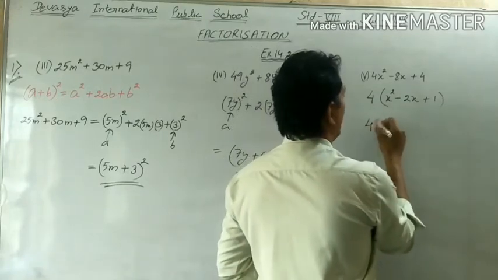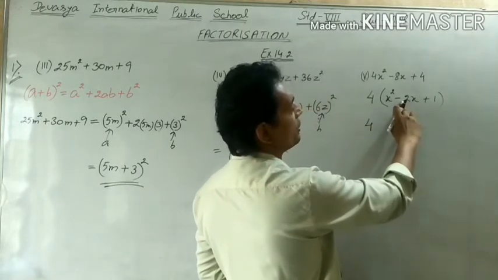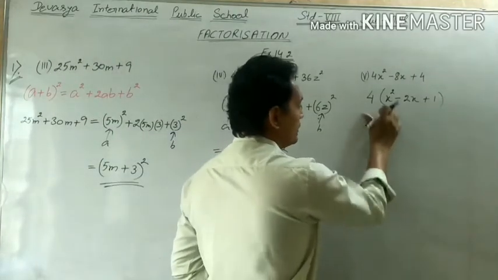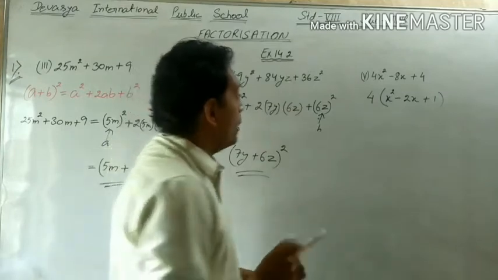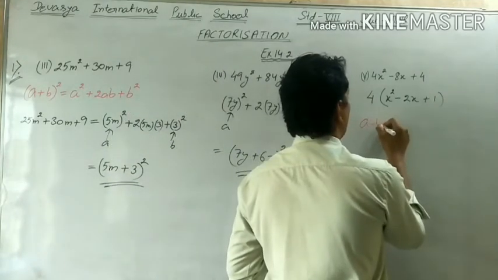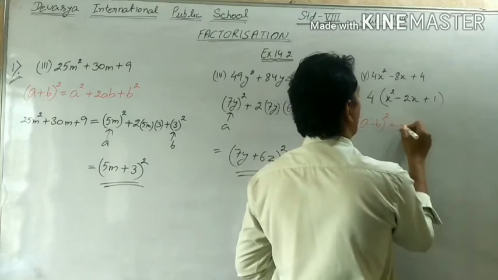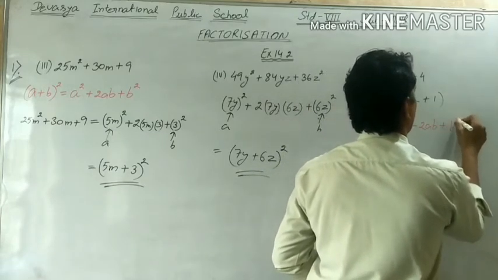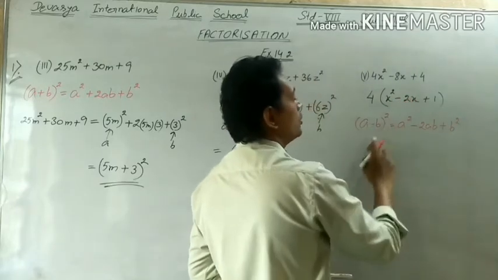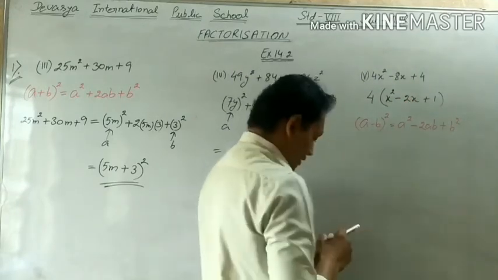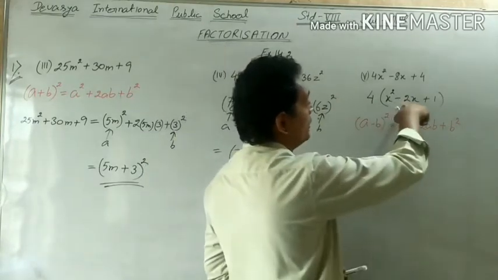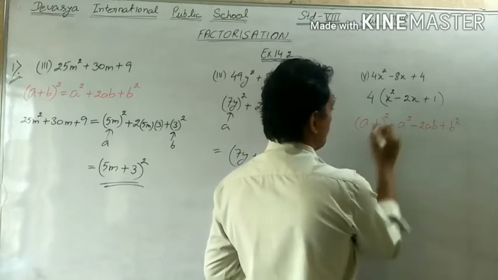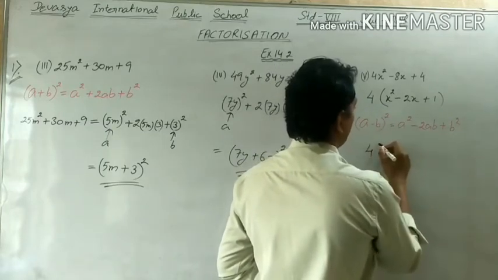4 is common. Again, as you can see, the middle term in this expression is negative. So the identity will be A minus B whole square. Let's first write the identity. A minus B whole square gives you A square minus 2AB plus B square. As you can see, the middle term is negative. So we have the identity, this one. Now we need to convert this into such a form. Okay, so I am writing this expression once again. 4 is common.